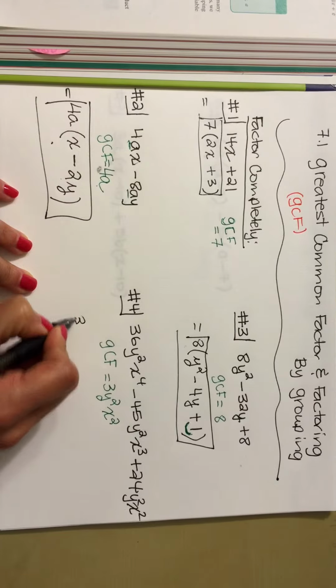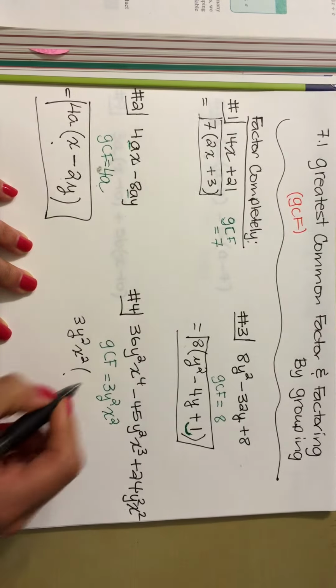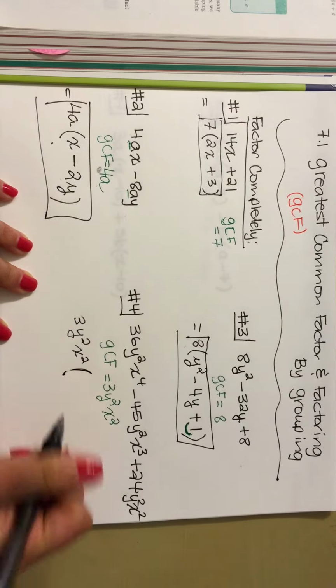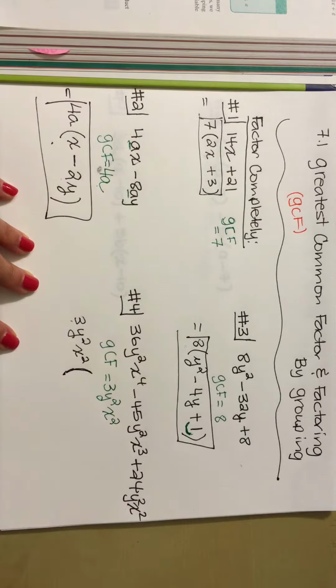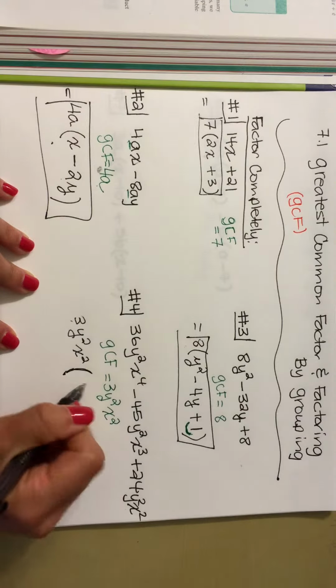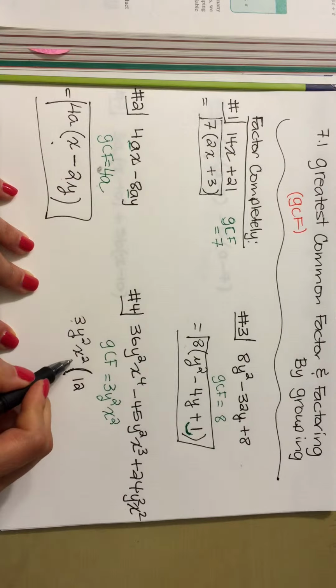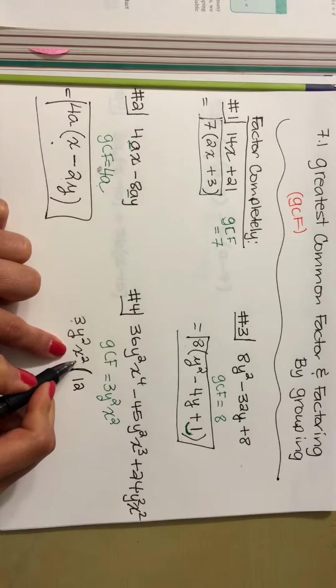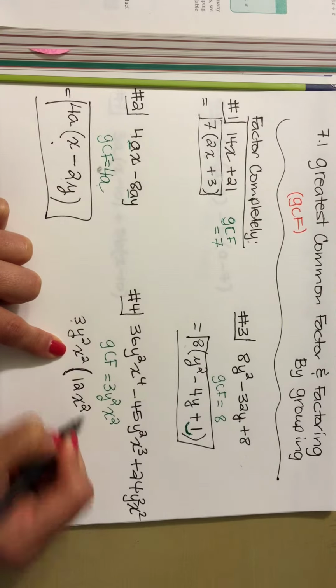You write your GCF on the outside, parentheses. So then 3 goes into 36 12 times. This y squared is factored out, so then we also took out x squared, so we're left with just x squared on the inside.